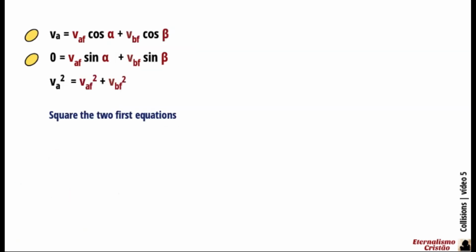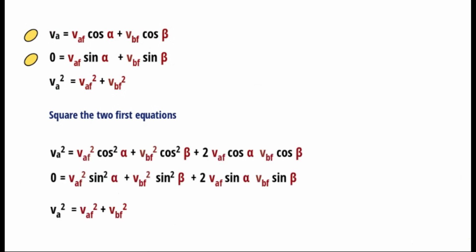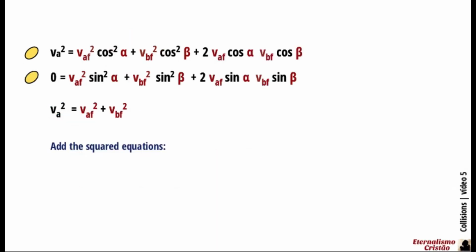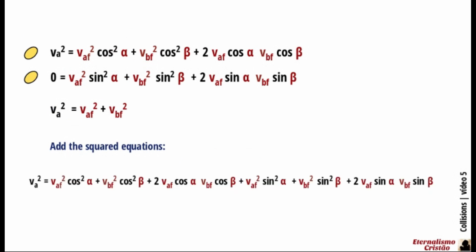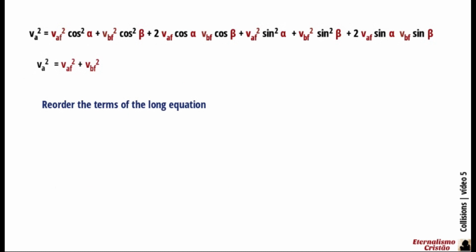Square the two first equations. Add the squared equations. Reorder the terms of the long equation.